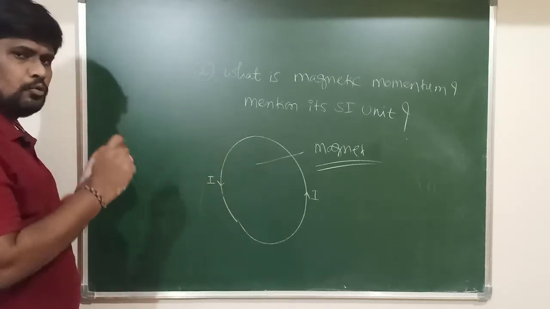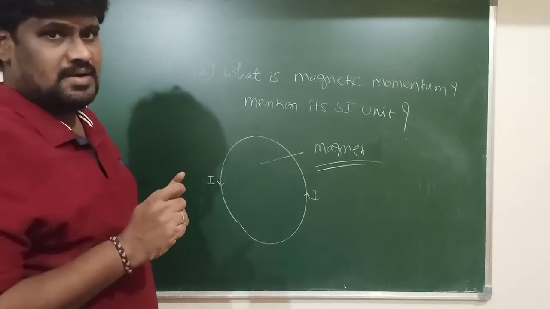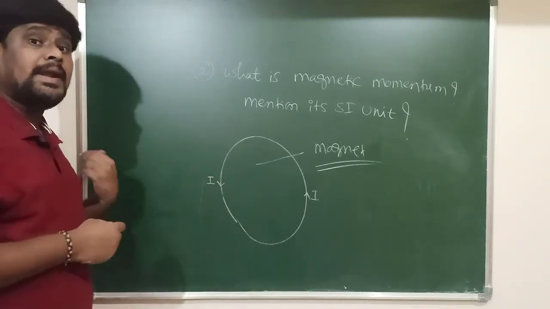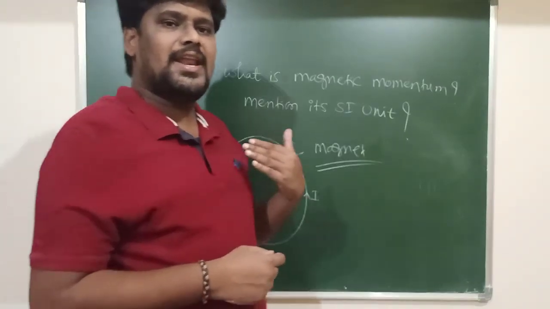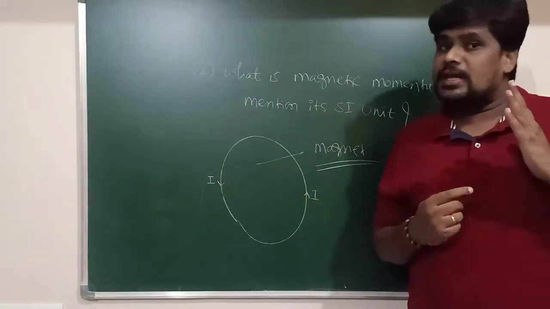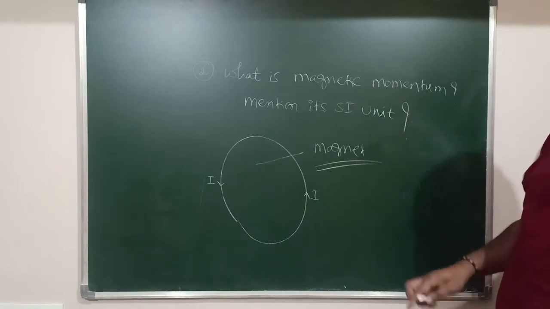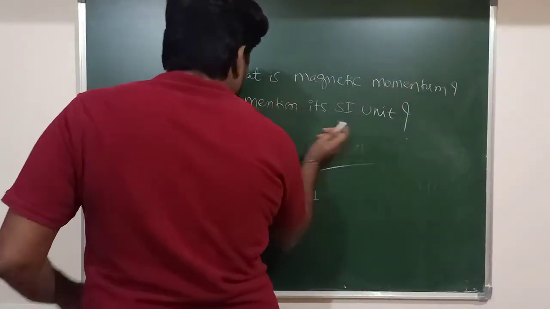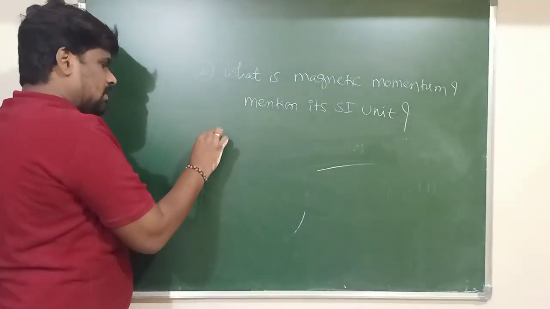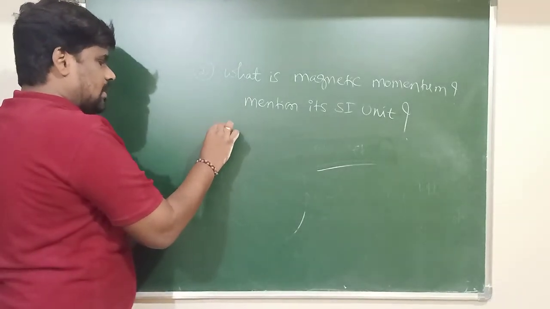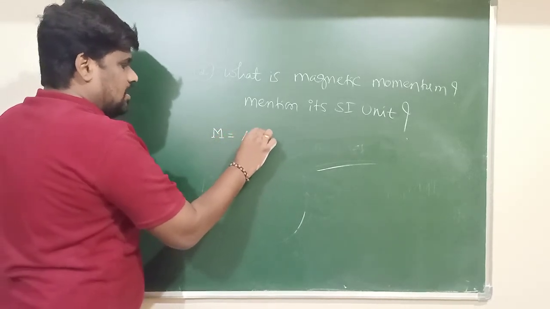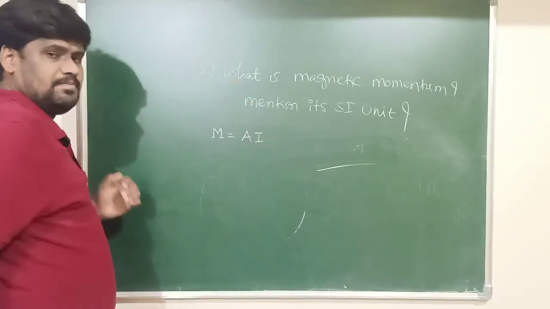The magnetic moment is the product of current in a loop and area of the loop. The product of current in a loop and area of the loop is what we call the magnetic moment. The magnetic moment is generally denoted by M. This M is given by A into I. What is A?